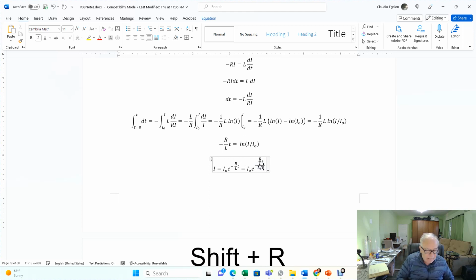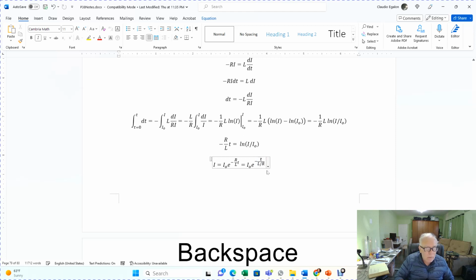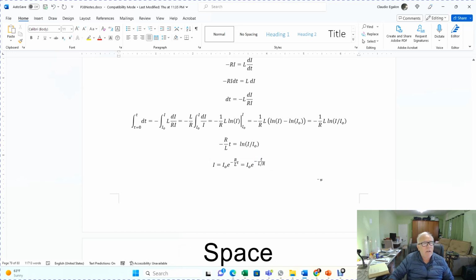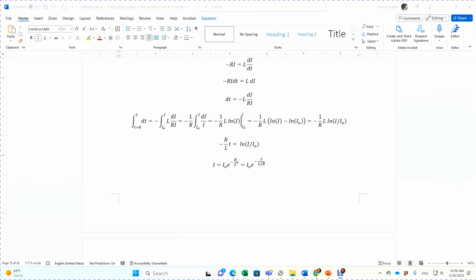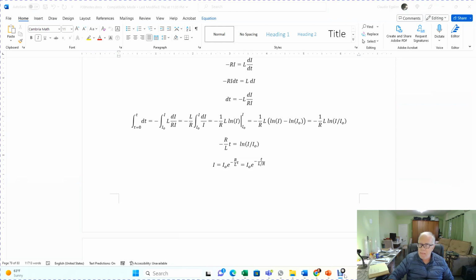L divided by R is a term that has dimension of seconds. So this term here, we give it a name of tau, right? The constant of the circuit, just like we did for the capacitor.